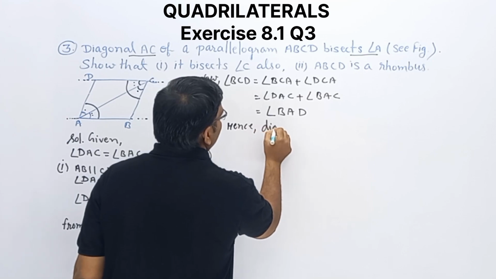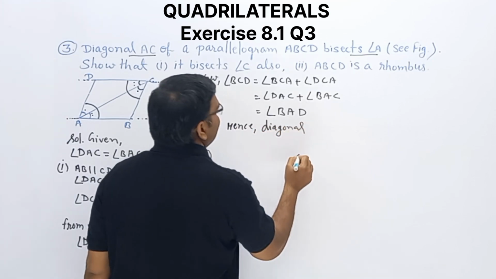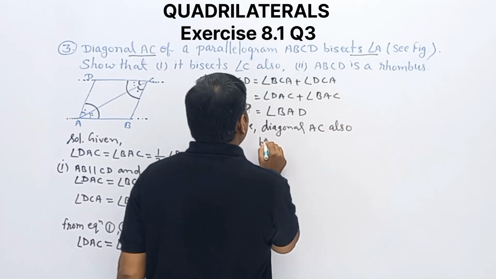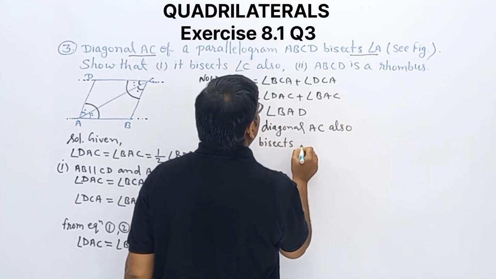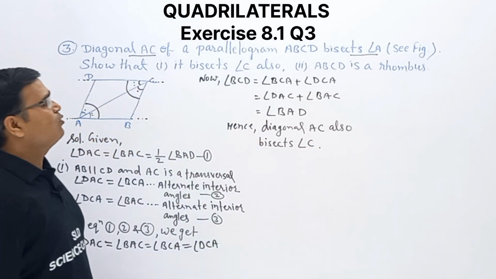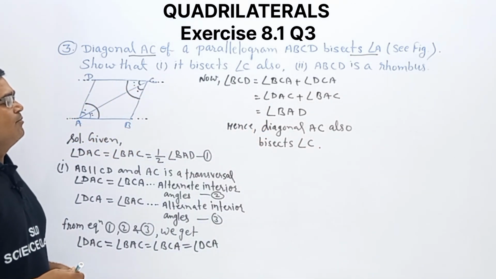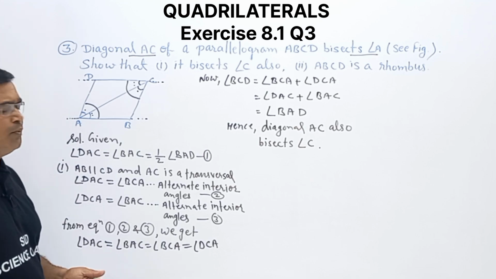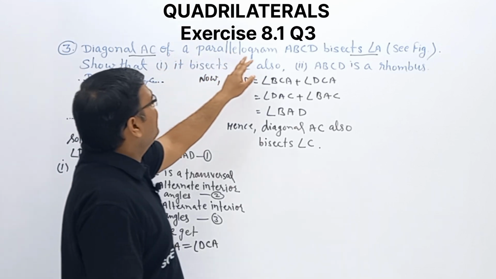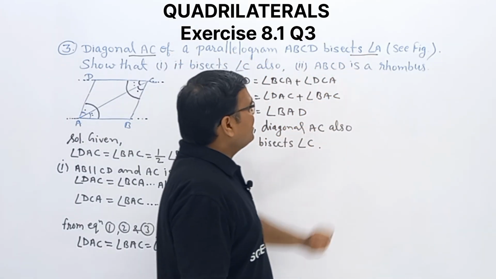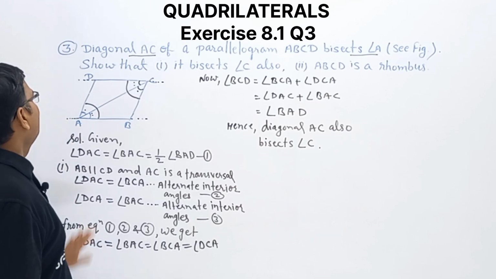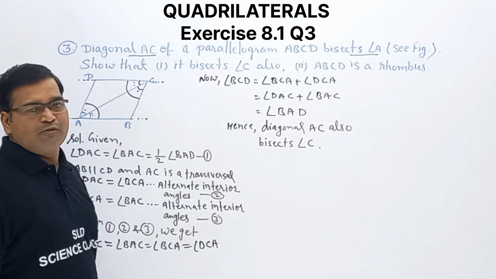Hence diagonal AC also bisects angle C. Observe again what we are doing in this question. The question says diagonal AC of a parallelogram ABCD bisects angle A, so that it bisects angle C also.